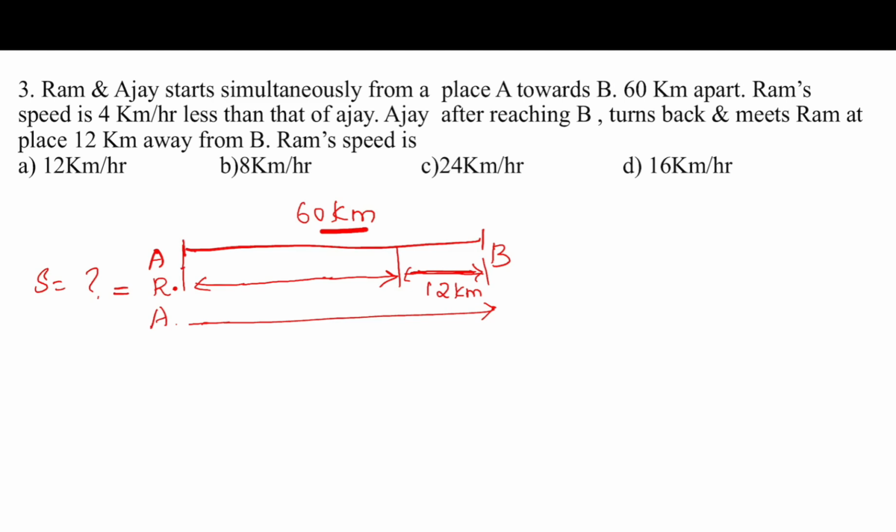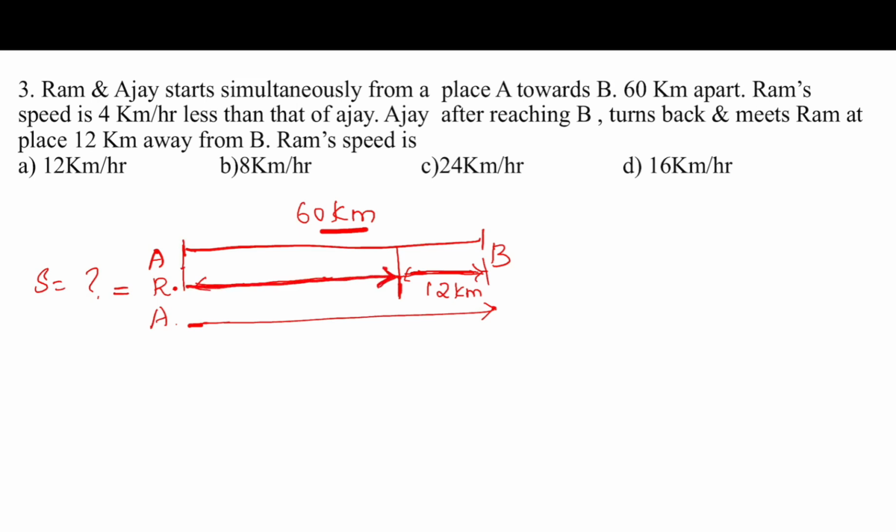So what happens when they both start walking simultaneously? Since Ajay's speed is more, he will go fast, touch point B, and then start coming back. When he is coming back, he will meet Ram at some point, maybe this point, because Ram has covered only this much distance.